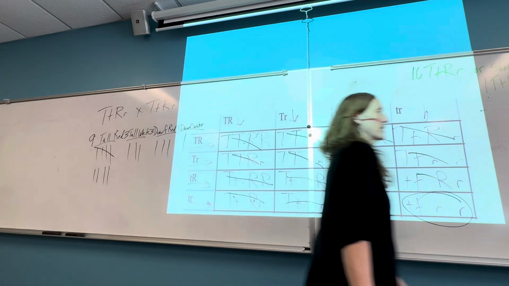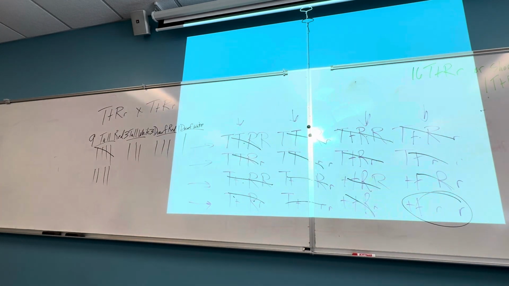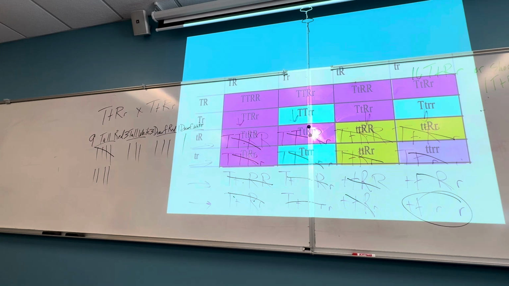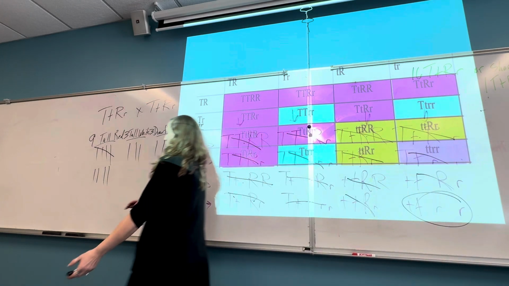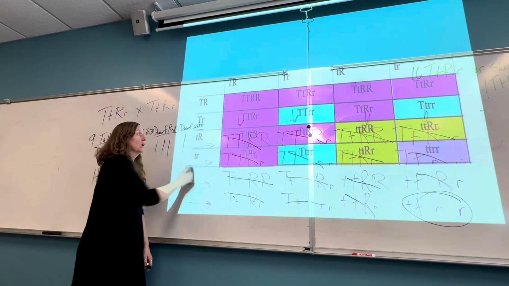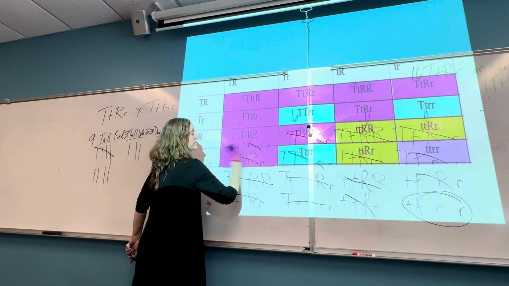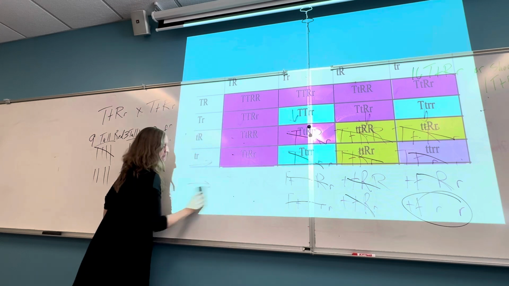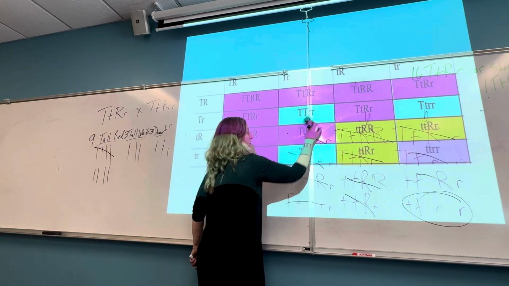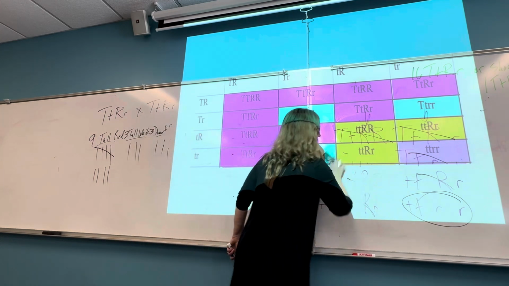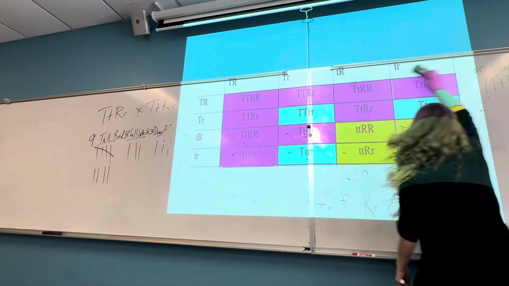Let me just make sure you got your notes. That's what we needed. So this is, for example, I have it colored in. You could do this if you like to color. You could do colors on your lab like this instead of crossing off.